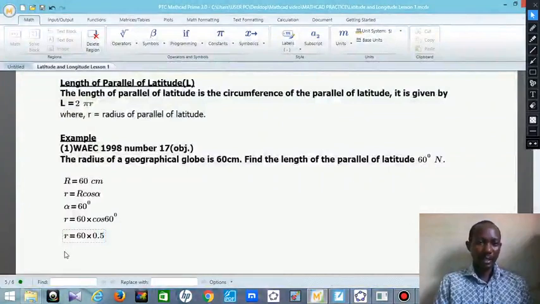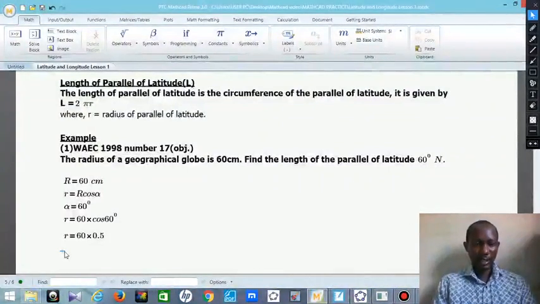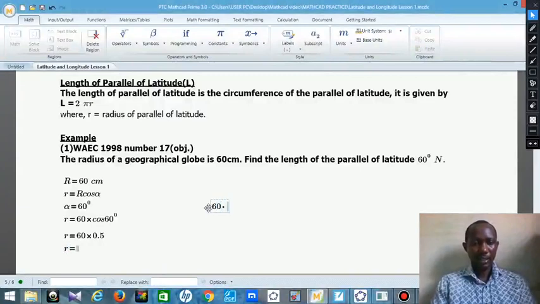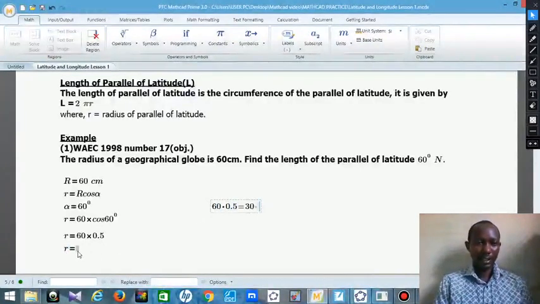Okay, now that we have checked the answer is 0.5, you just put it there. Then when you multiply 60 times 0.5, that is r is equal to 60 times 0.5. We can do that one here. 60 times 0.5 will give us 30. So the answer is 30 centimeter. So 30 centimeter is the radius of that parallel of latitude.